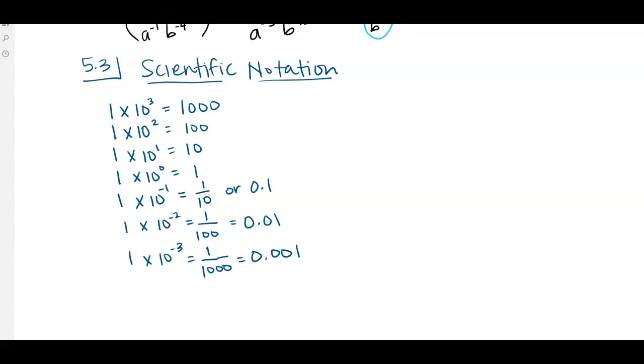Now there's other notations that you'll be using in science classes too, like significant digits, but if you understand how to write things in scientific notation, then those other ways will come a lot easier. So like in physics and chemistry, in biology, they might have you use this.